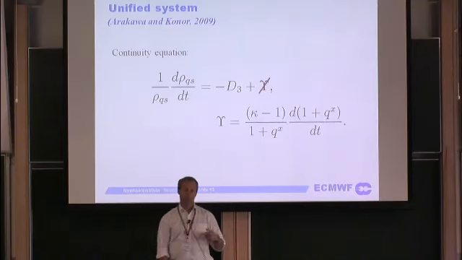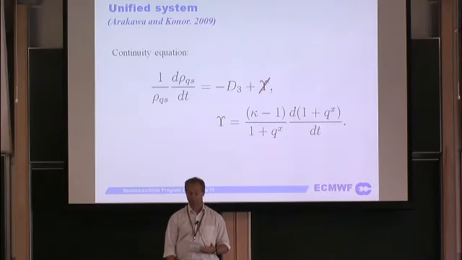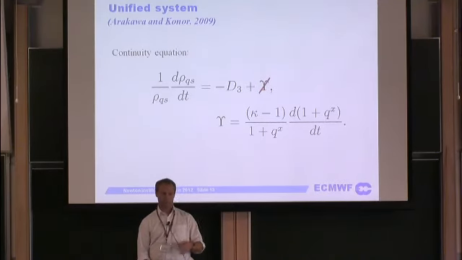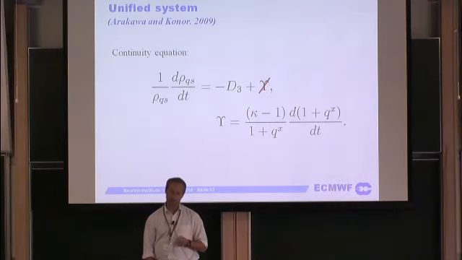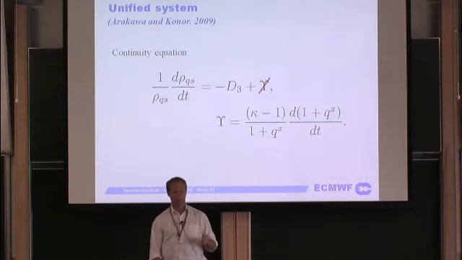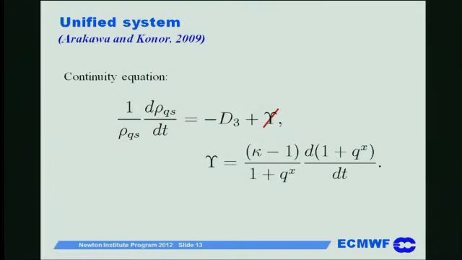The approximation in the unified system of Arakawa-Konor, translated into my pressure coordinates, if you like, is the fact that you change the continuity equation into a 1 over rho qs d rho qs dt. Now, if you don't make any approximation, you will get this equation with this gamma term, where you have this k minus 1, 1 plus qx, d 1 plus qx dt.